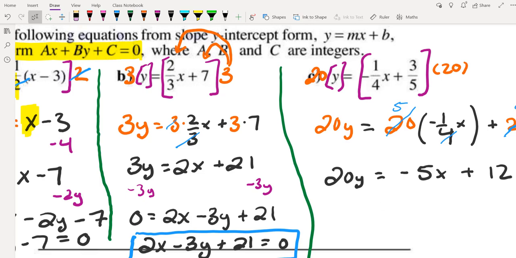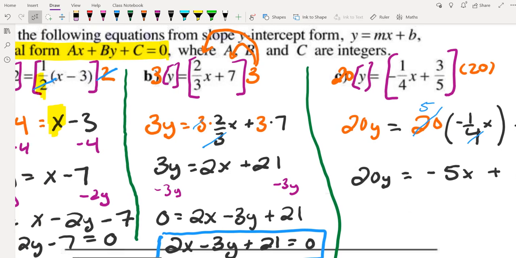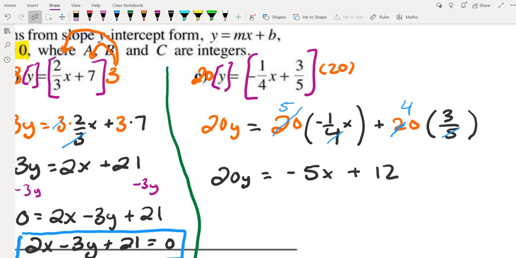Now in C, we have 2 different fractions, so we have 2 different denominators. The common denominator in this case is going to be 20, 4 and 5 combined together. So we're going to multiply the left side by 20 and the right side by 20.